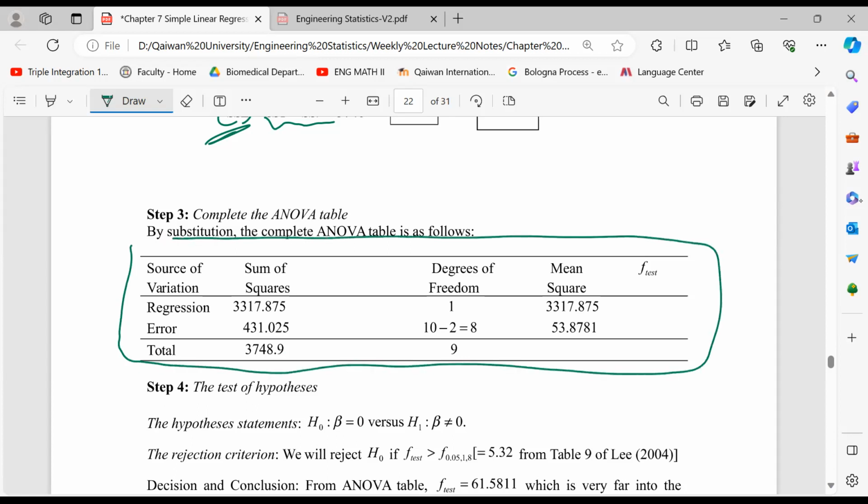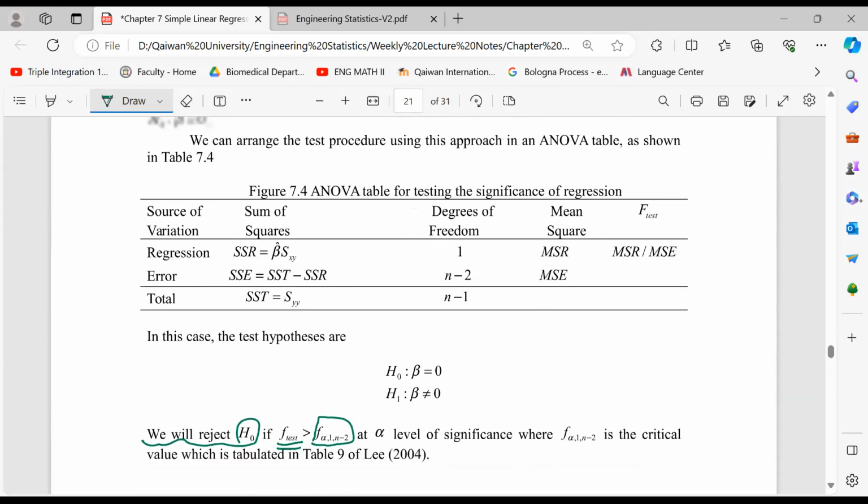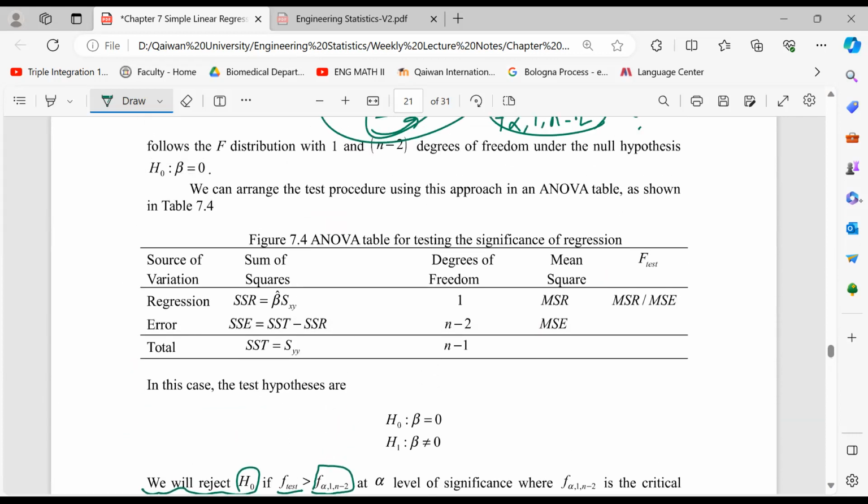Even in the previous chapter, I told you that you need to make the table. These are sums of squares based on the above. First, we write down SSR, then SSE, and then SST. You need to write them in this order. Then, for this one, it's 1. For this one, it's n-2.